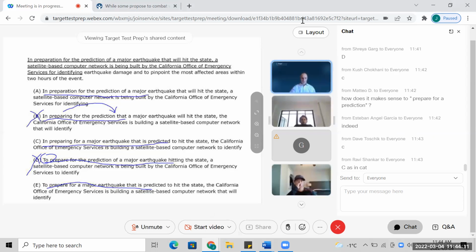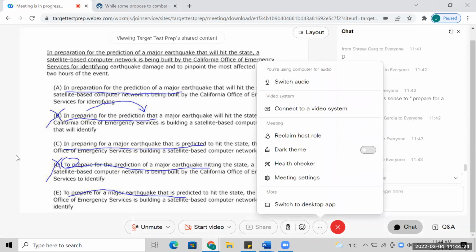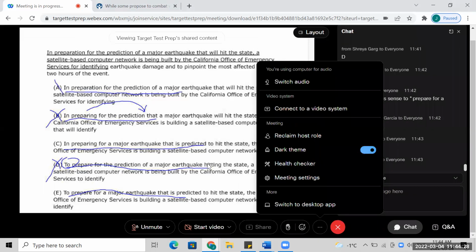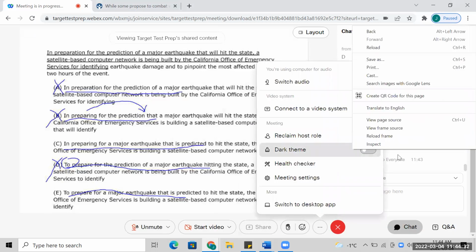It doesn't make sense. So we can get rid of a lot of these on these meaning issues. In preparation for the prediction of an earthquake, A is out too. So we're down to C and E.